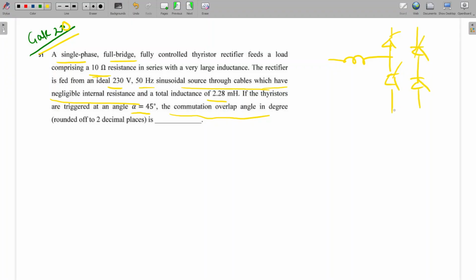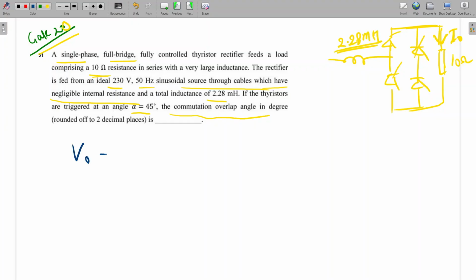Based on that two formula, we have to decide which formula we have to use. Okay. This highly inductive load and resistance value is given, how much? 10 ohm. Okay. So this current is required. And here Ls is given as 2.28 millihenry. So what formula we know?